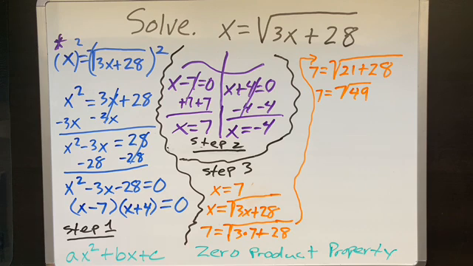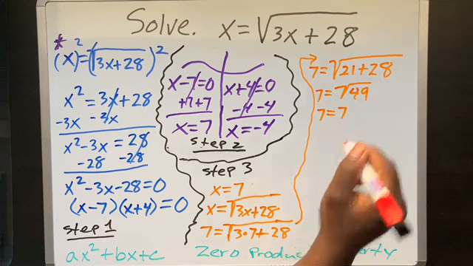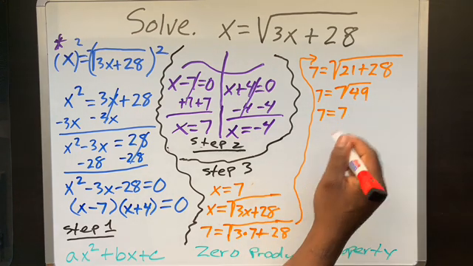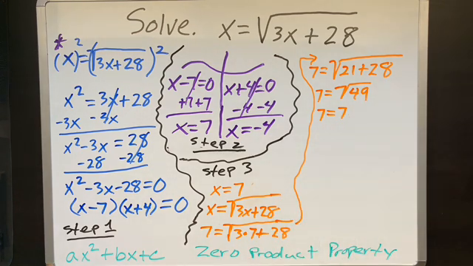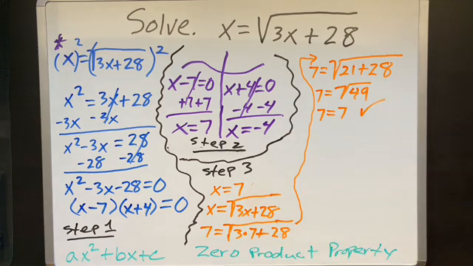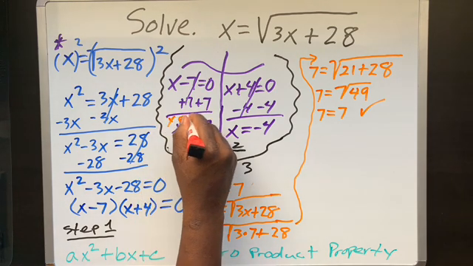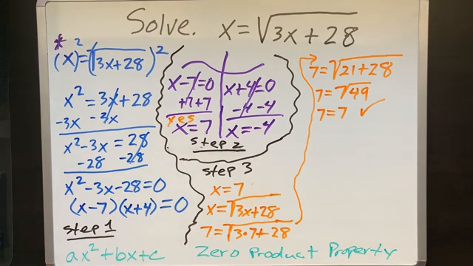Okay. And then when we simplify, 7 equals 7. All right, so this implies equality. I'm just going to put a check right there. And for x equals 7, it's a yes. It works. All right, that was a check for the first one.